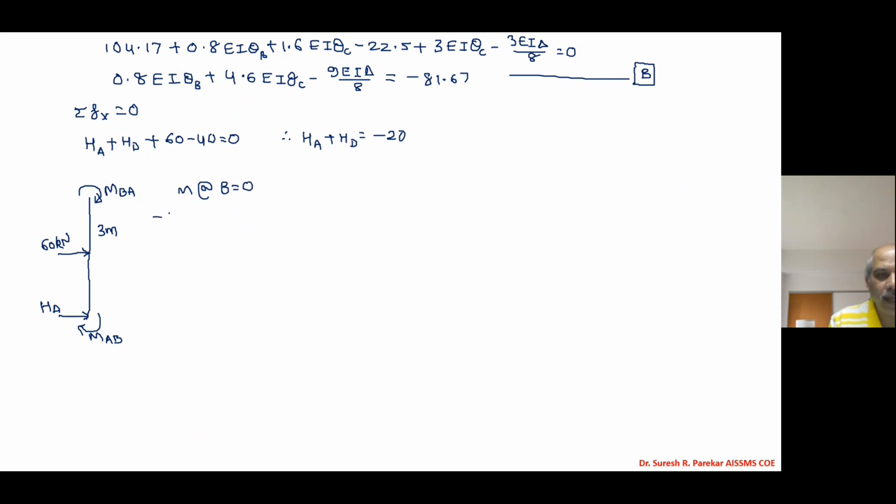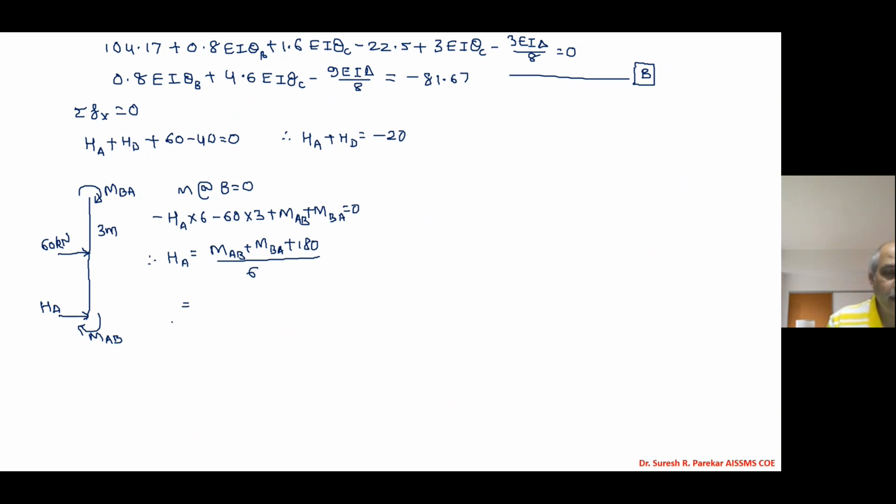So we have minus MBA, and that is equal to 0. And from this we will get HA equal to MAB plus MBA plus 180 divided by 6. And then we have to put the value of MAB and MBA in this equation.